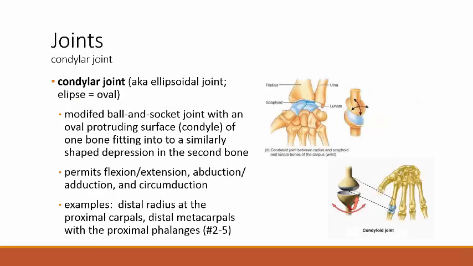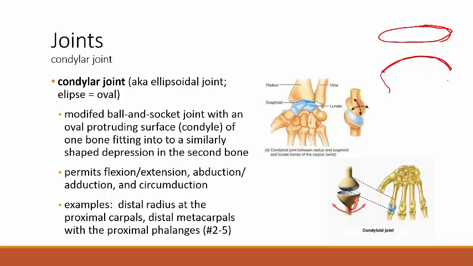Condylar joints, or ellipsoidal joints, are kind of a modified version of a ball and socket joint. So here is the ellipsoid shape, so it's kind of an oval shape. If we look at it straight from the top, and if we look at it from the side, you can see it's kind of domed in the center and slopes away at the sides. That is a condyle.